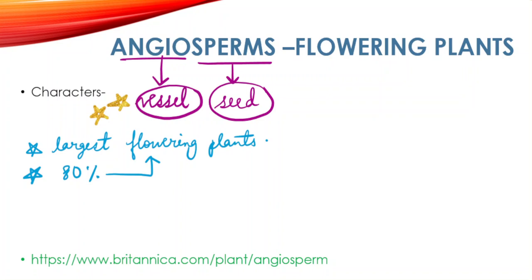And if you ask when these flowering plants came, in the course of evolution they came in the late Cretaceous period. These points are important; you should know the Cretaceous period. This is something very basic about angiosperms.